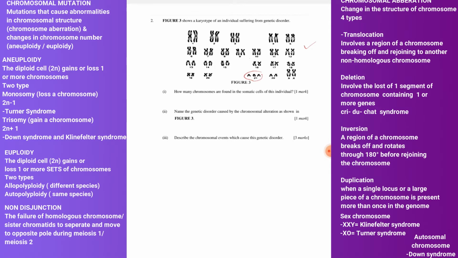So this genetic disease we call Down syndrome, because of the addition of one chromosome at chromosome 21. How many chromosomes are found in the somatic cell of this individual? They have 47 chromosomes instead of 46. Name the genetic disorder caused by chromosomal alteration as shown in figure 3: Down syndrome.